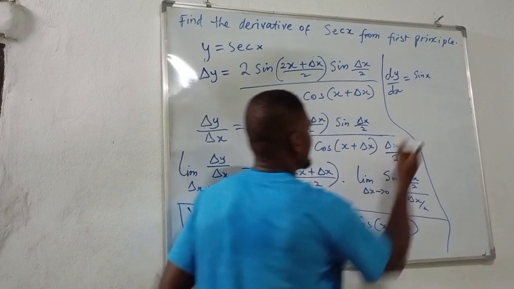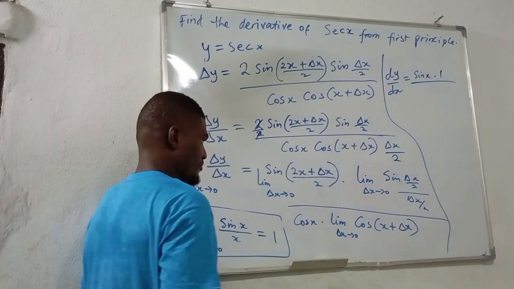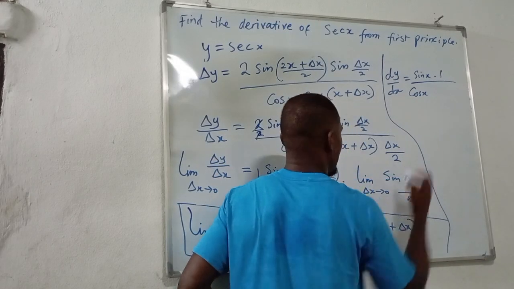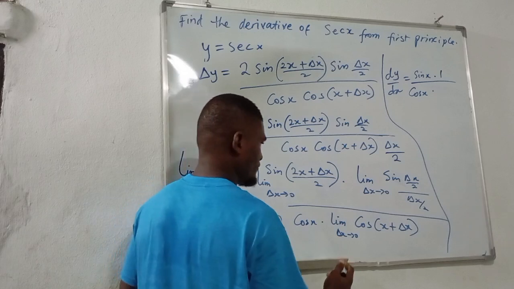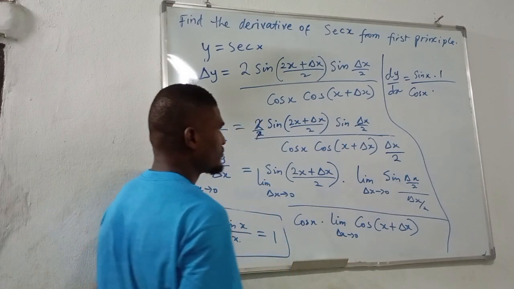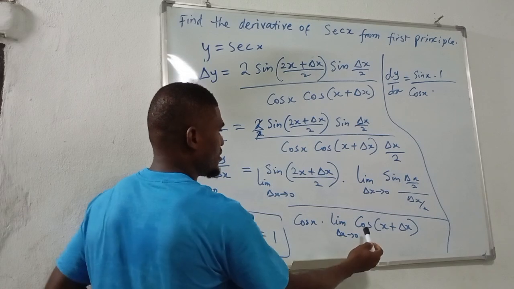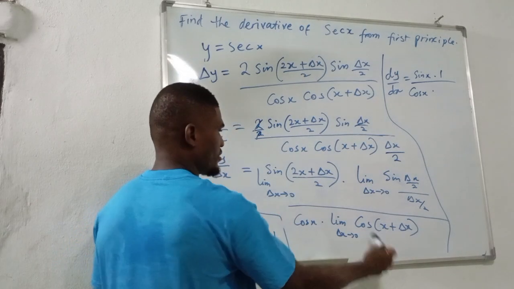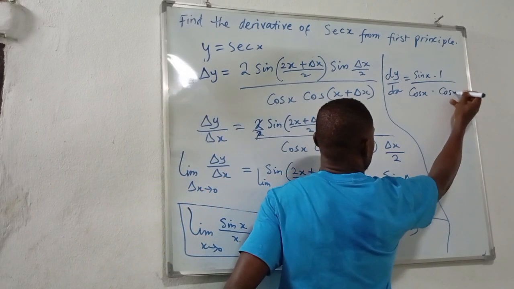So that will be like times 1 over, we have a cos x, so put it down, cos x multiplied to the limit of this, is going to be cos x plus 0. That becomes cos x. So we have another cos x here.